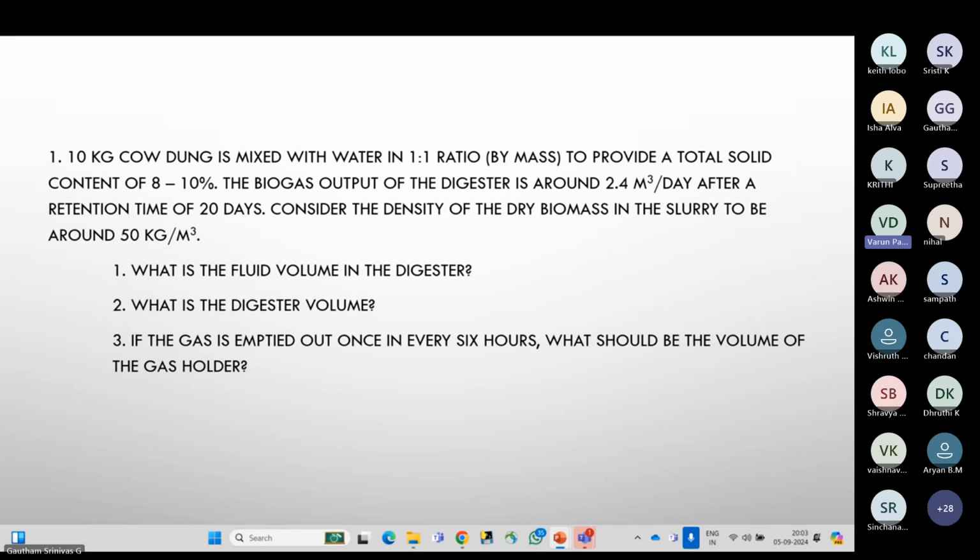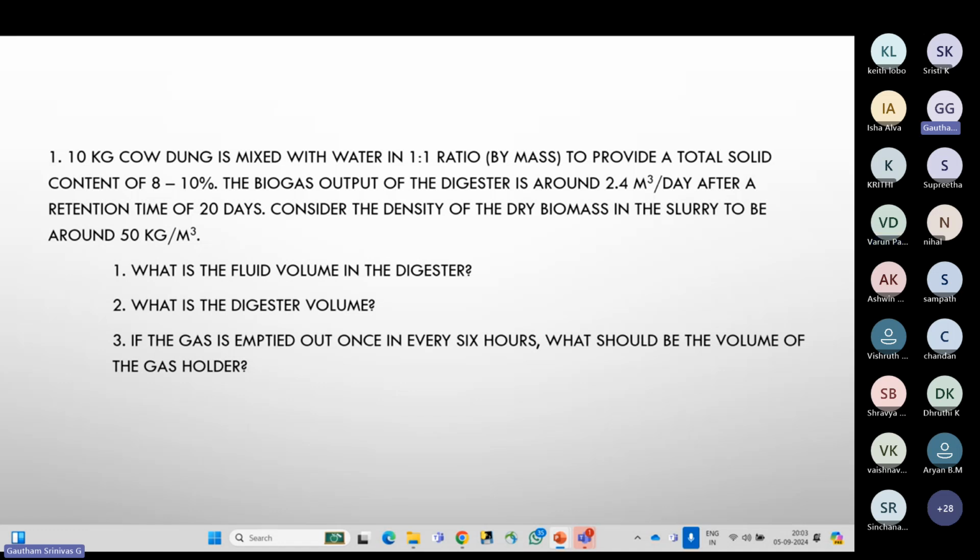And C is the biogas produced per unit dry material. In the slide, you have mentioned it as 0.2 to 0.4 meter cube per kg. So 20 kg into 0.4? Wait, no, you don't have to do it that way. Let's do it this way.